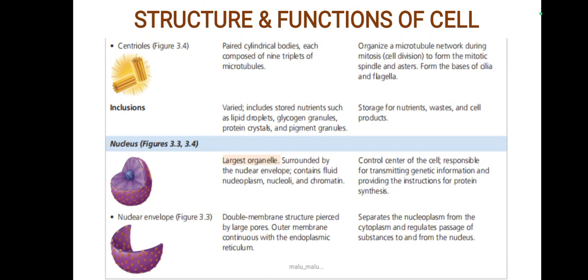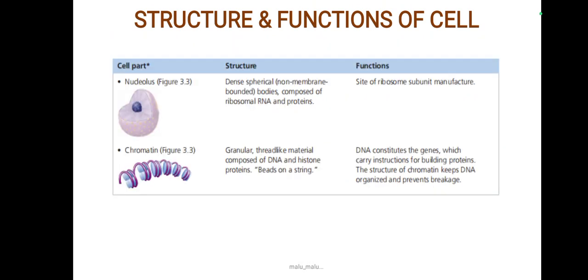It is surrounded by a nuclear envelope which contains pores allowing exchange between nucleus and cytoplasm. Inside the nucleus, the nucleolus synthesizes ribosomes and chromatin holds the DNA that controls inheritance and cell functioning. The nucleus is like the computer running the software, the genes that control the entire cell.